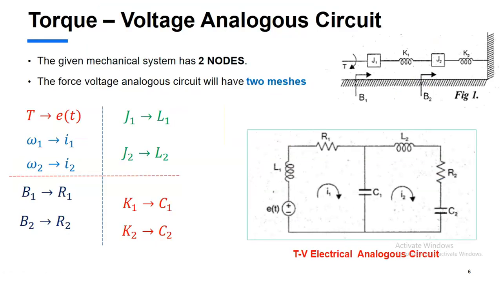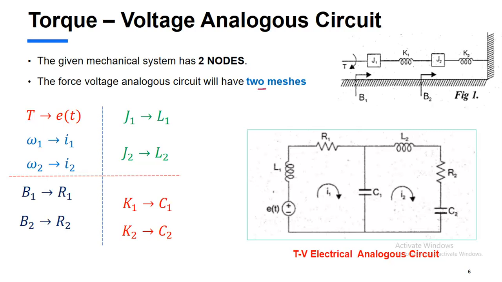Let's see the torque-voltage analogous circuit. As we see in the given system, we have two nodes, so we will be having two meshes. You can see here in this torque-voltage electrical analogous circuit, we have two meshes.